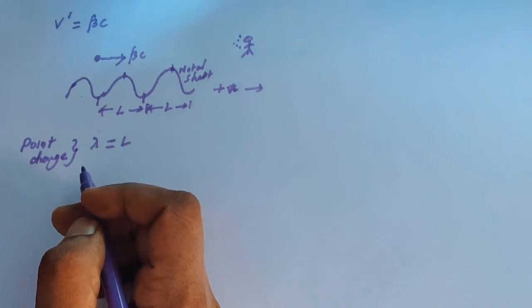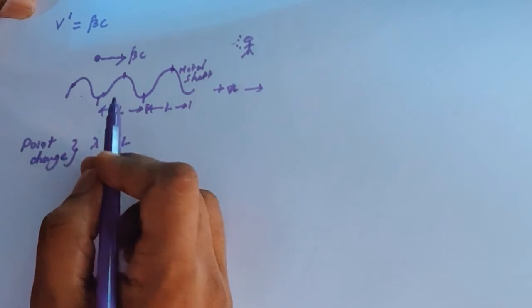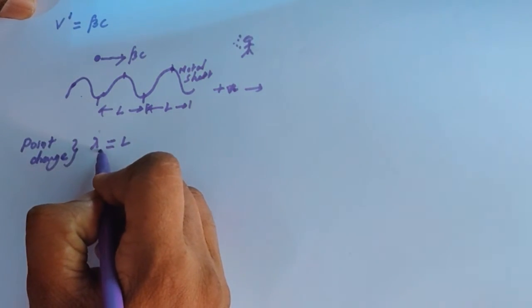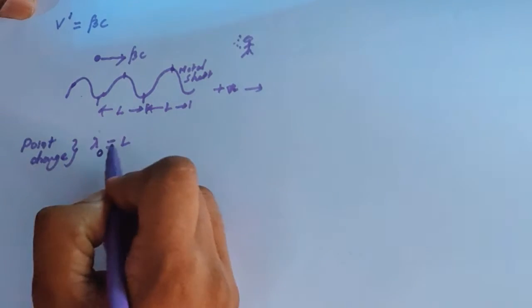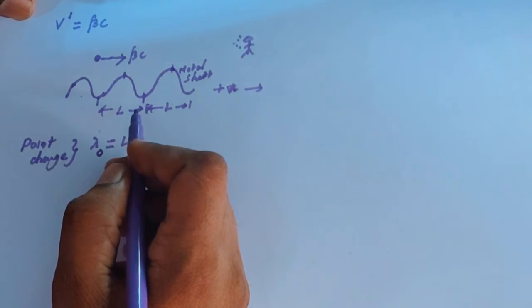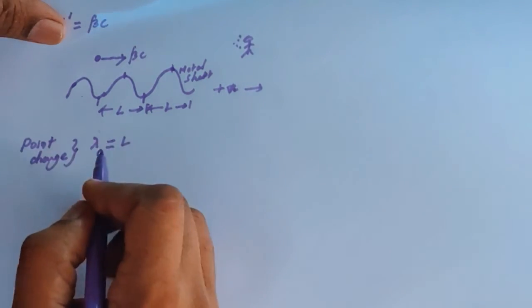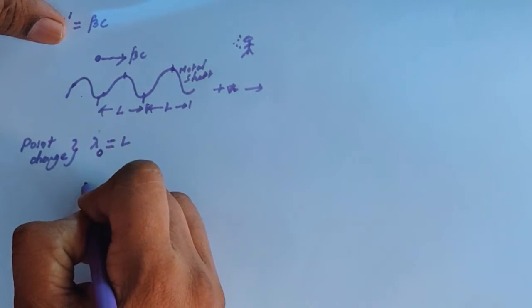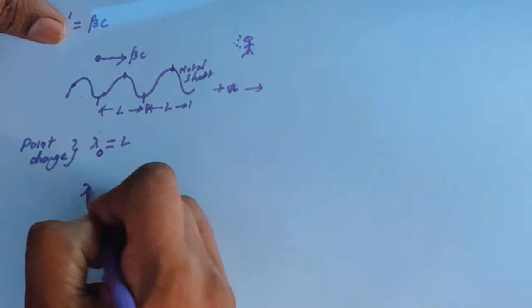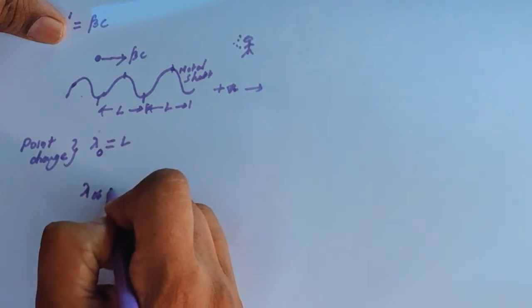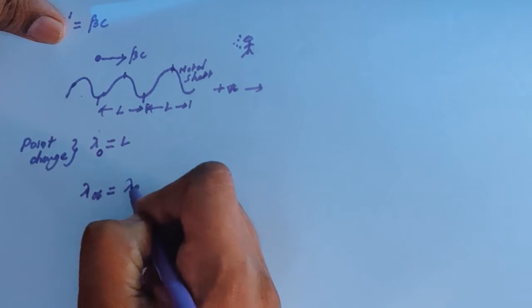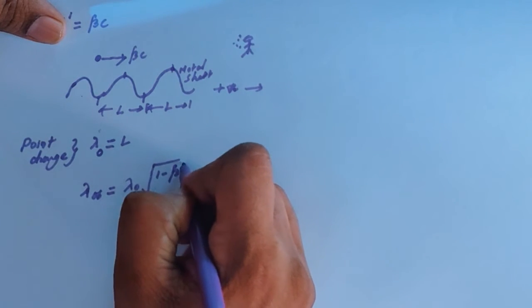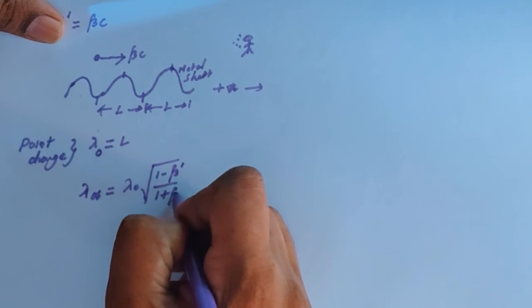Suppose the original wavelength of the point charge, you can call it lambda naught, would be equal to L. From the Doppler effect, the relation for the moving charge towards the observer: the observed wavelength is equal to the original wavelength times square root of 1 minus beta prime divided by 1 plus beta prime.